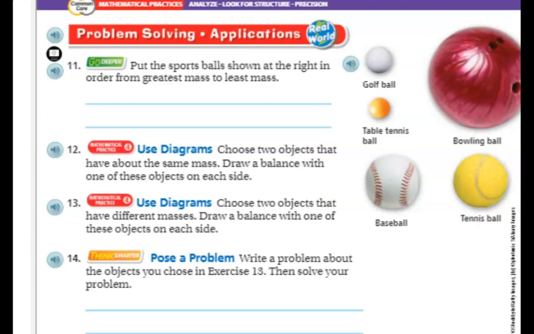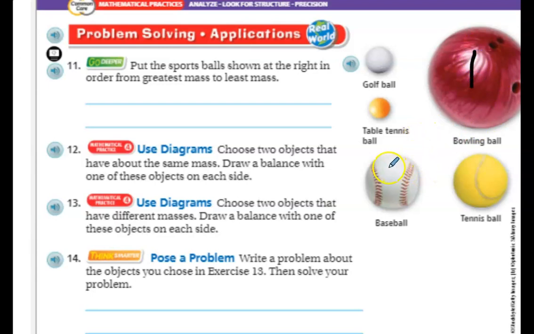Okay, so we want to do what would be the greatest, the heaviest, what would have the most mass, weigh the most. So hopefully when you're looking at all of these, the bowling ball would be your first choice for number 1.